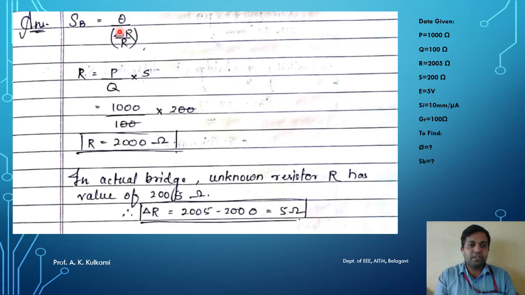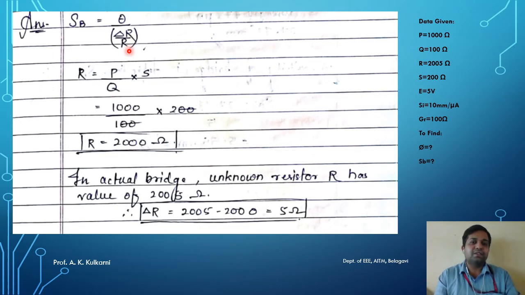Due to this change, the unknown resistance is increased by delta R. So due to this delta R change in resistance, we are going to have the deflection in the galvanometer. This formula we obtained from our previous session. So the sensitivity of the bridge is equal to the deflection of the galvanometer divided by the total change in the resistance.